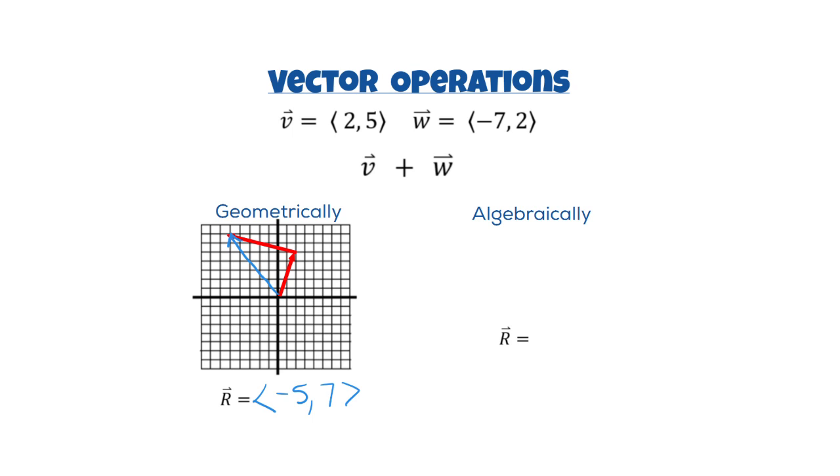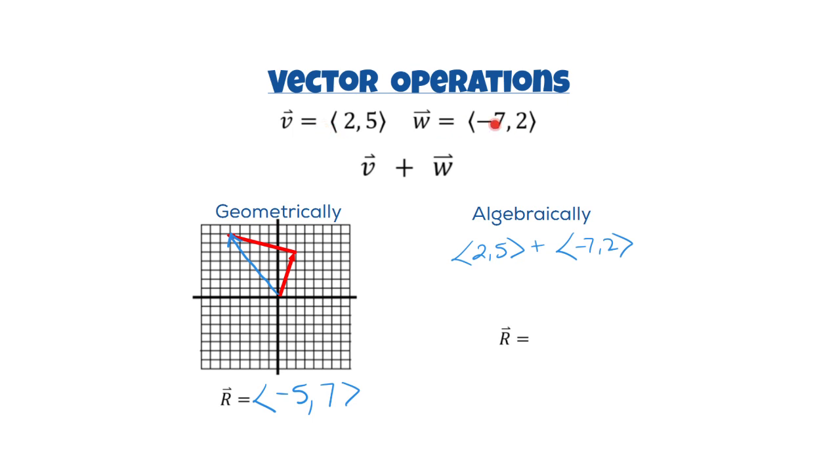So here's what we would do. We would be taking the 2, 5, and we would be adding the negative 7, 2. Well, think about it. It's not really all that difficult because this negative 5 is really just me adding the horizontal components together. And this 7 is just adding the vertical components together.